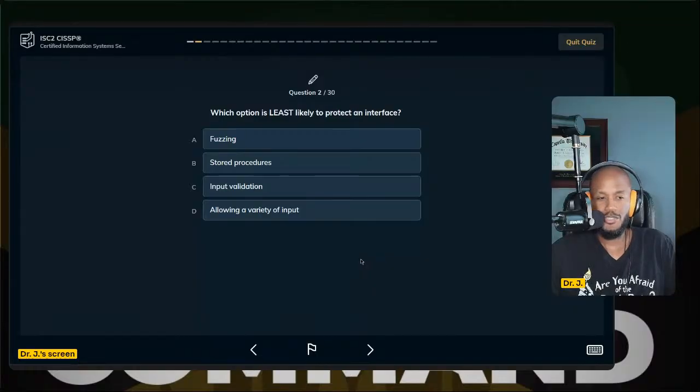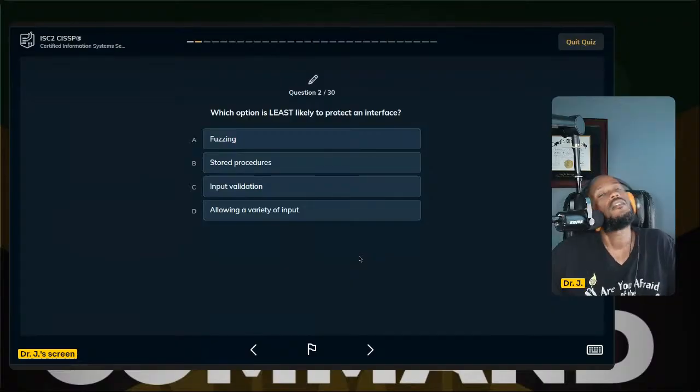Now I get lost with fuzzing. Fuzzing is the same thing as input validation? It's just randomly generated characters forced into an input field to see how it responds. But wouldn't that be more of a testing thing? I guess it is.